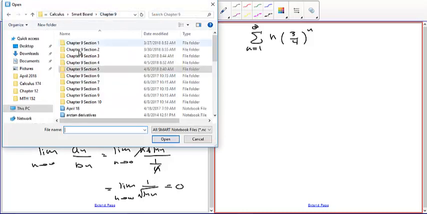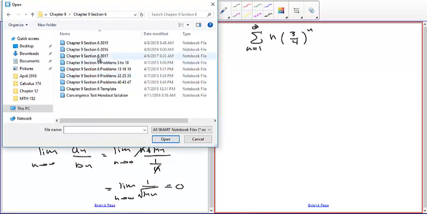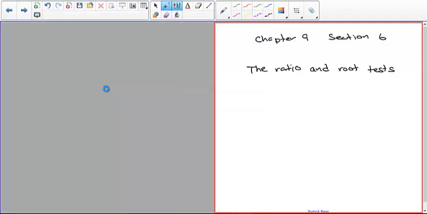So yeah, these are our last two tests. They're called the ratio test and the root test. As an example, I told you to put it away, but if you go to page number 123, the top of page 3, it's n over 2n plus 1 raised to the n power. So if you have some quantity raised to the n power, that's the root test.